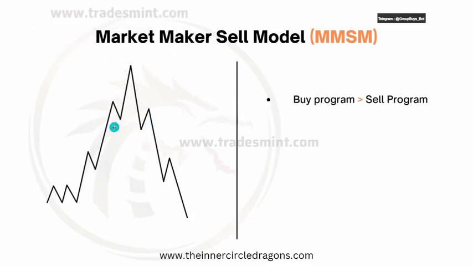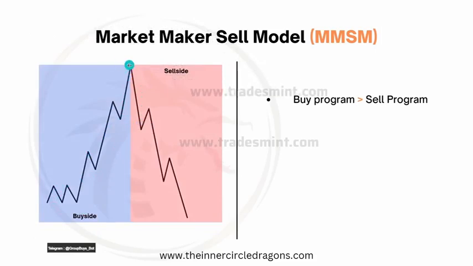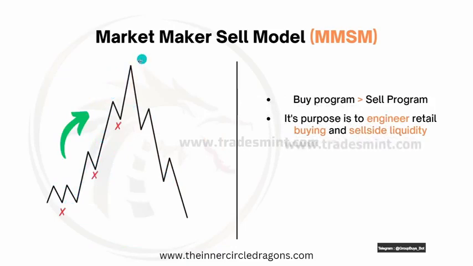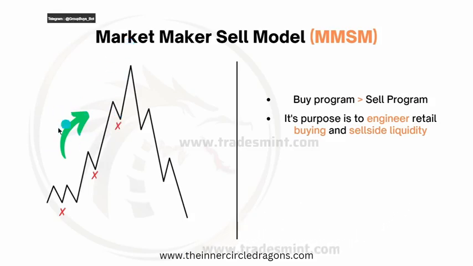So we have a buy program to a sell program, right? This is our buy side of the curve, and this is our sell side of the curve. Its purpose is to engineer retail buying. As the market moves higher, retail are going to be FOMOing into the price leg higher, right? Its purpose is to engineer liquidity below the lows.